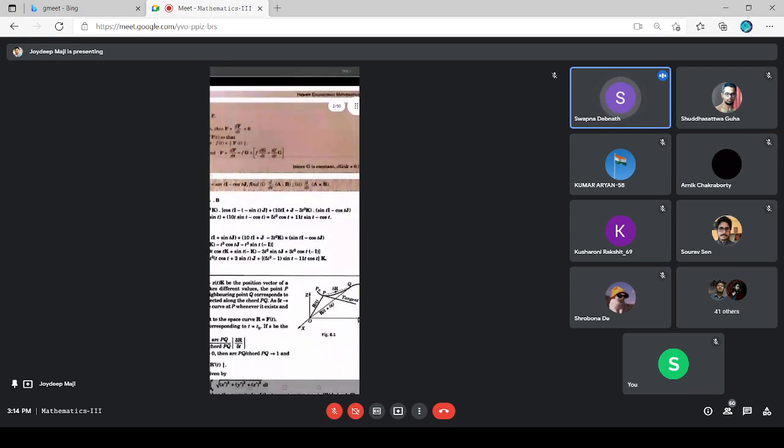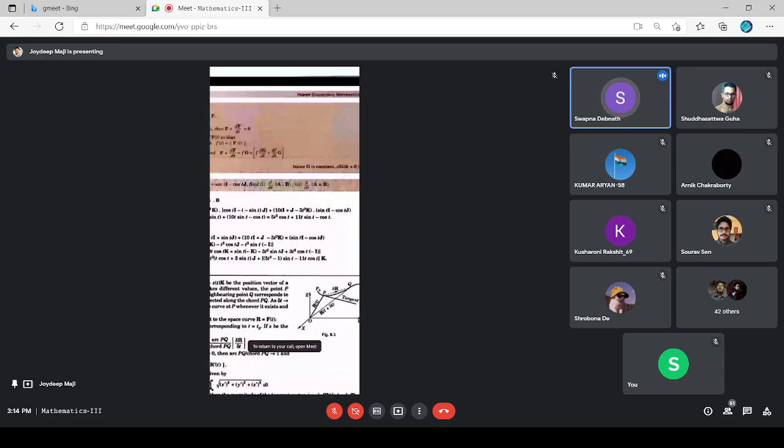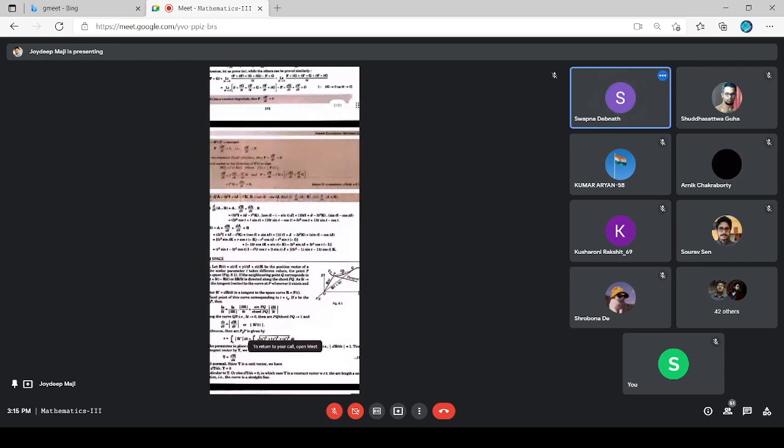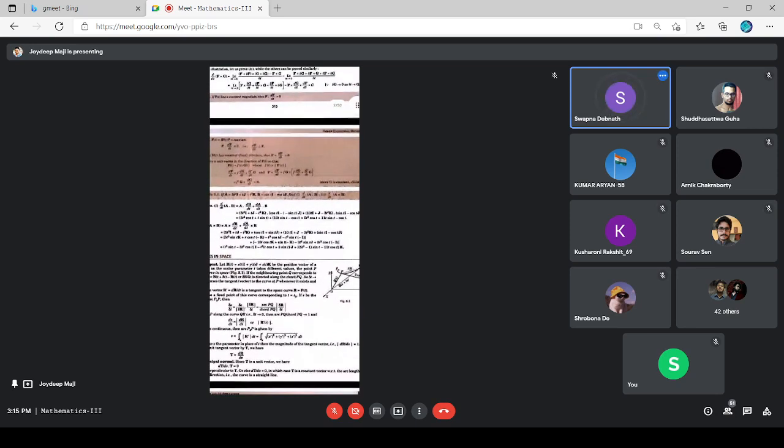First, you can calculate a dot b, then d/dt, or you can use the properties. d/dt of a dot b is da/dt dot b plus a dot db/dt. Do whichever is convenient. Similarly, you can first find a cross b and then d/dt, or else you can use the formula for d/dt of a dot b, d/dt of a cross b.